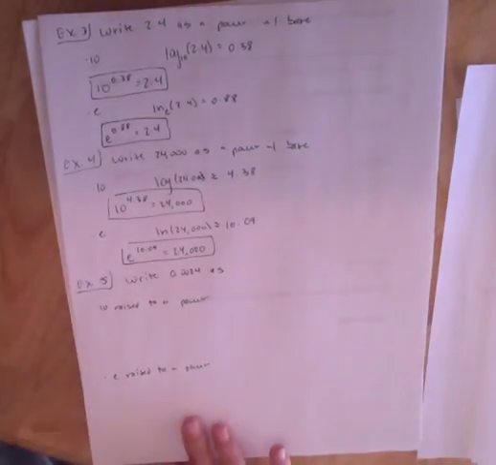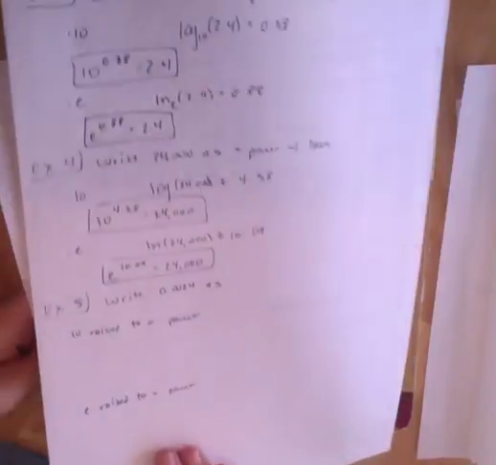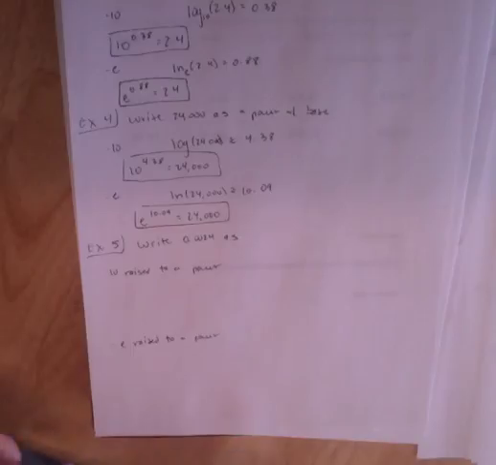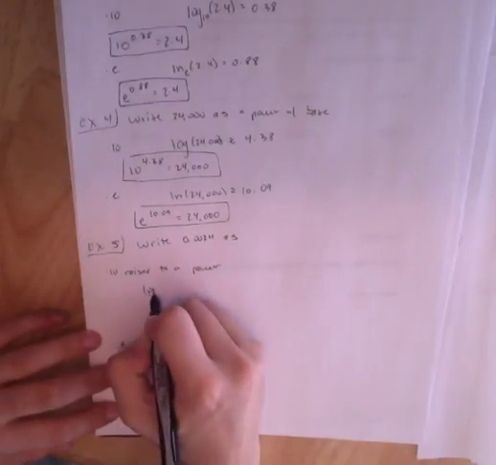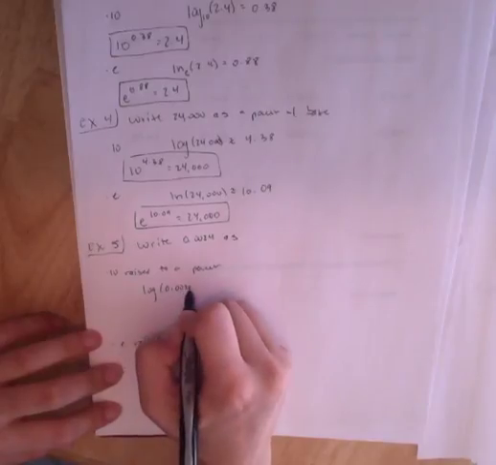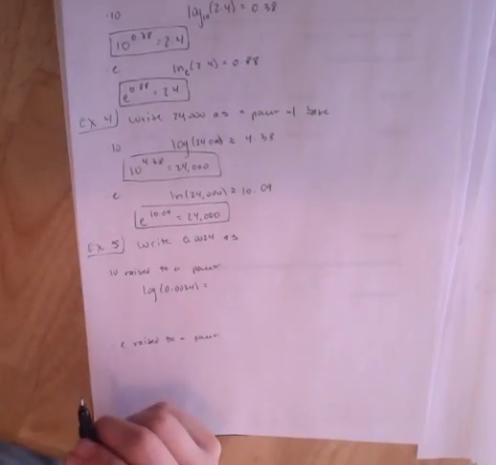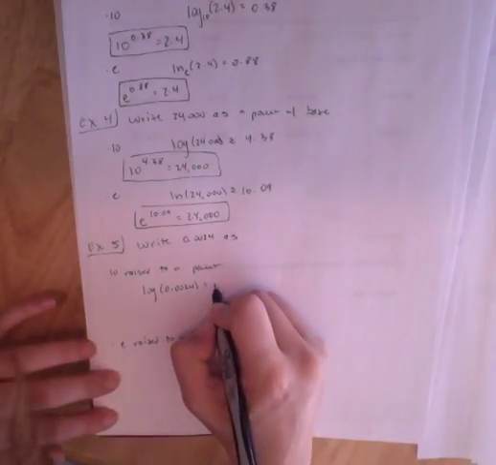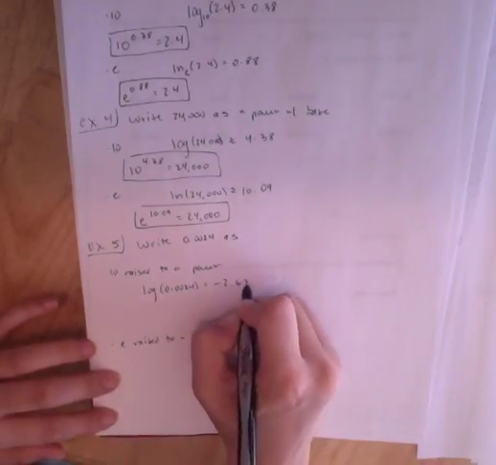Okay, let's do another example. 0.0024 as 10 raised to a power. So we do the log of 0.0024, which gives me negative 2.62.